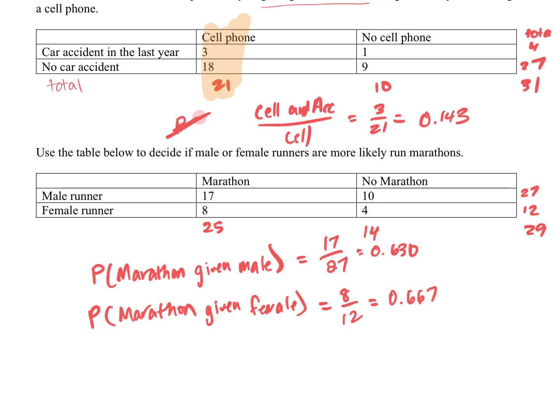Can we say that the probability of running a marathon is influenced by your gender based off of this data? They're not the same. In fact, I could say women are more likely, based off of this table, to run a marathon than men. Do we see it? Okay, so the events of gender and willingness to run a marathon are not independent based off of this particular set of data. Everybody good?